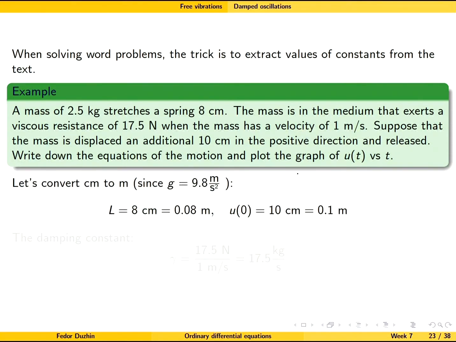Then you have this additional displacement, which is nothing else but u of 0, and you can put everything together, converting centimeters to meters. So here is the damping constant: it is 17.5 kilograms per second.